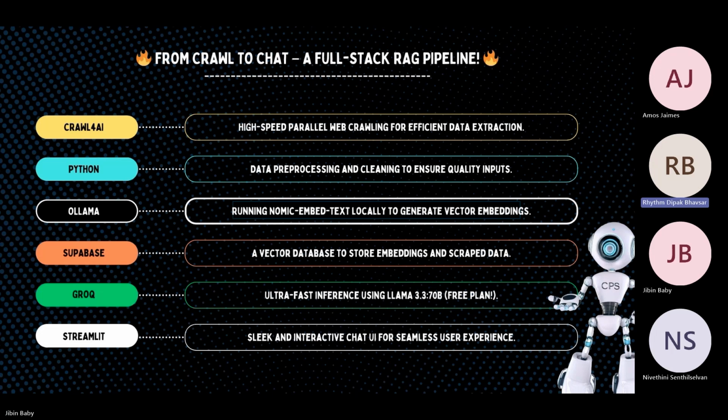So thank you, Nivi. Now we will go forward to the tech stack which we have followed for this project. First of all, we had Crawl4AI, which is basically a crawler library to scrape the data from the Northeastern web pages. Then we have used Python as the base language of our system. Then we have Ollama, which is the embedding system, in which we had used Llama 3.3.